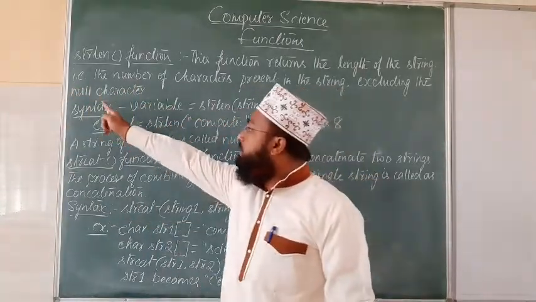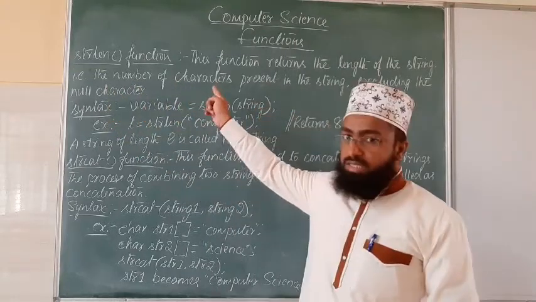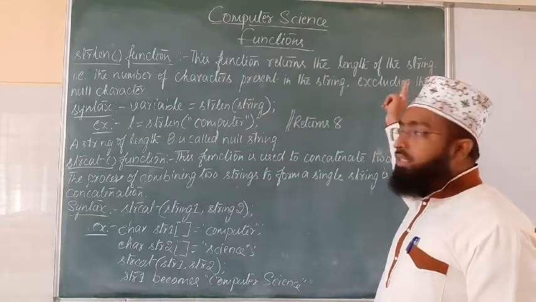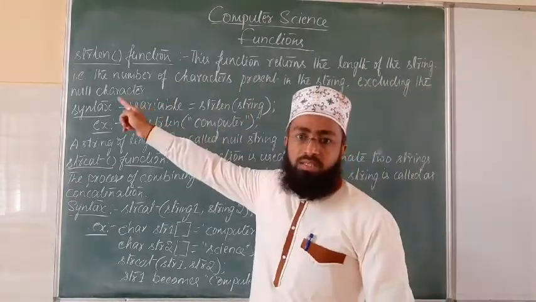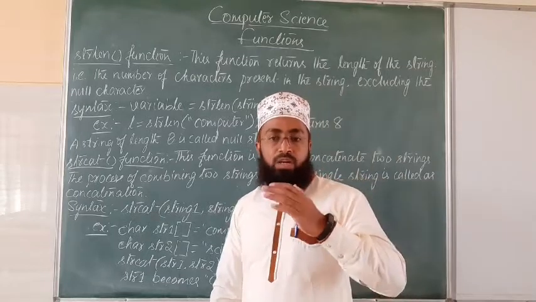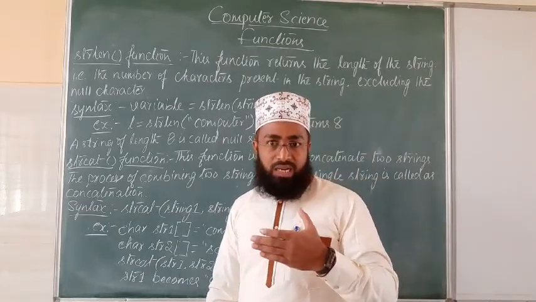That is the number of characters present in the string, excluding the null character. If a string contains a null or zero character, it will not count that null character.